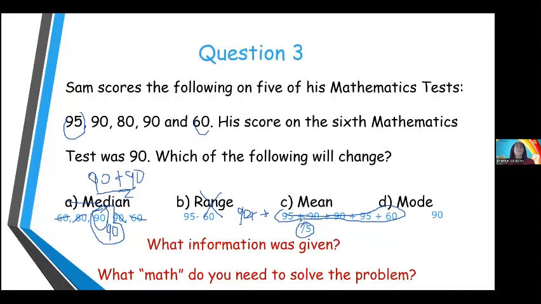No, that is changing. So already we are seeing changes in the mean. One more score is added. We are now dividing by 6. So that is going to impact the result that we get for the mean. And of course, as Jonathan said, the mode will not change. That's another 90, so that will not change the mode.